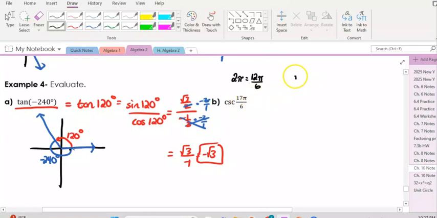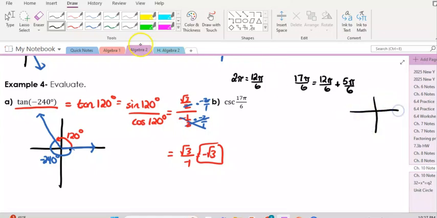So I know that 17 pi over 6 is the same as 12 pi over 6 plus 5 pi over 6. So when I am picturing and trying to figure out where 17 pi over 6 is, I go 2 pi, which means all the way around my unit circle, and then I go a further 5 pi over 6, which, keep in mind, is not quite a whole pi because 6 pi over 6 would be a whole pi.